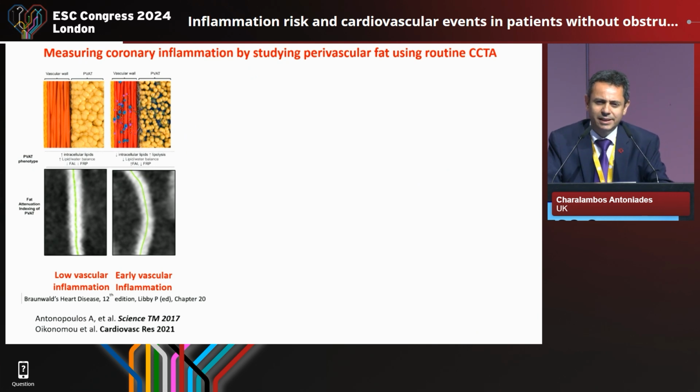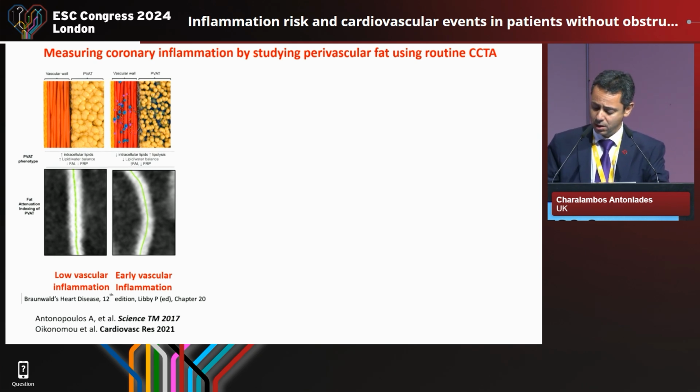Now, with coronary CT angiography, as Ron said, we can now visualize coronary artery inflammation by looking into the fat surrounding the coronary arteries. In this black and white picture that you see here for coronary CTA, the fat appears as black, so you don't really see the fat.